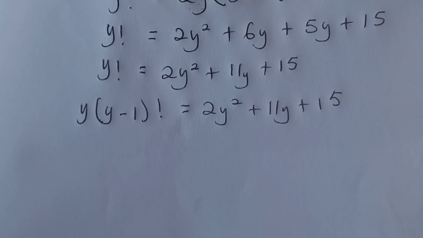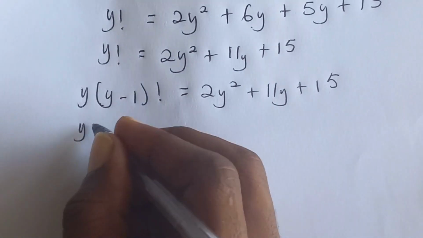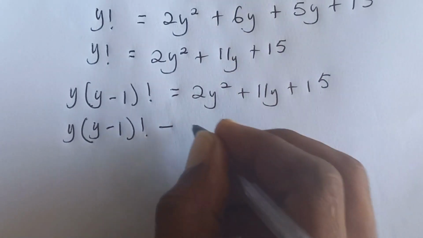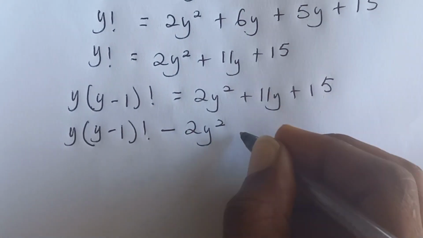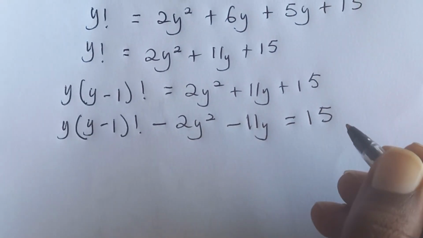So now we can say that y into (y - 1) all factorial minus 2y^2 minus 11y is equal to 15.